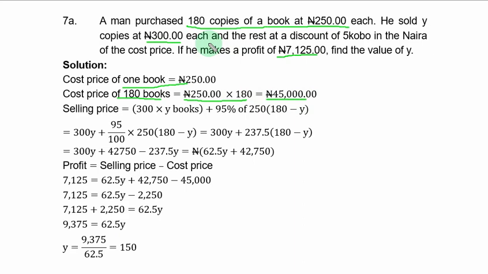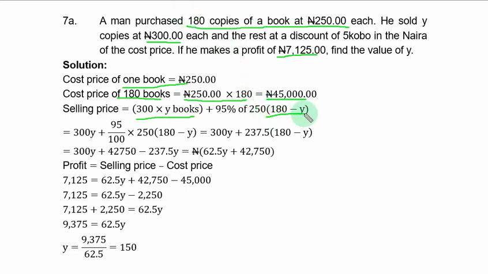So the selling price for the y copies is 300y, and the rest, remember, he purchased 180 books. So after selling y copies at 300, the rest is 180 minus y.